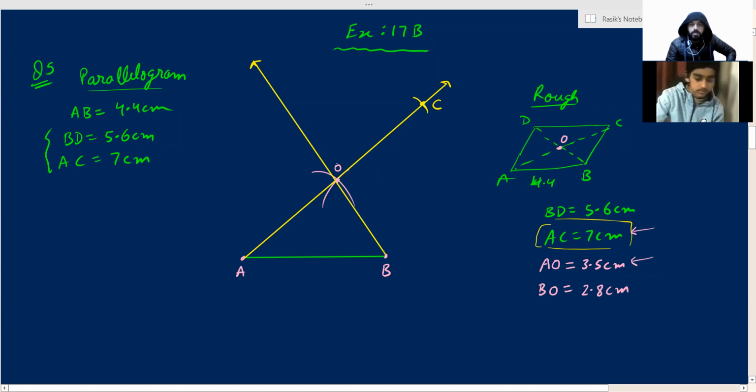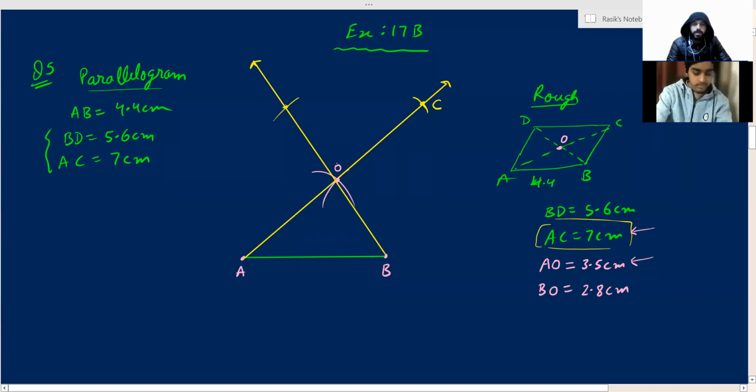Now measure 5.6 centimeters in the compass with the help of a scale. That means take a radius of 5.6 centimeters in the compass, keep the compass at point B and draw another arc here.